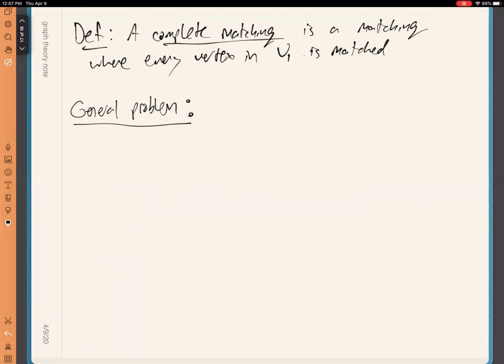You can't have two people teaching the same class. And so the problem is, let's suppose that you have a graph G, which is simple and bipartite. When does there exist a complete matching, which is sort of like a satisfactory matching on the graph?